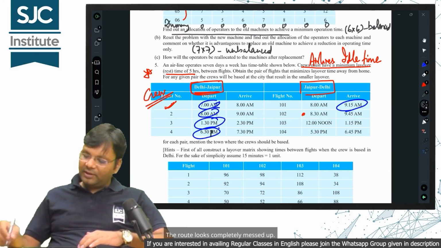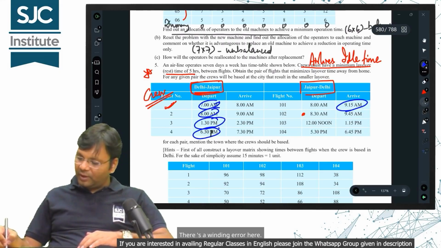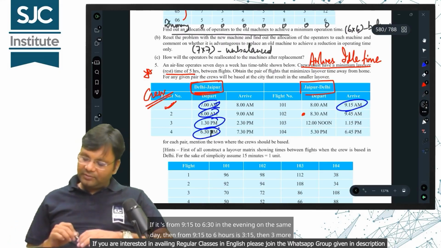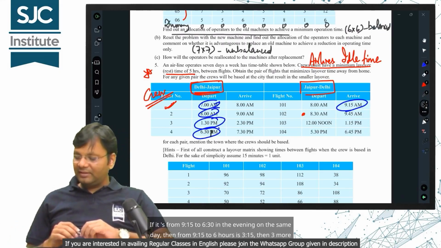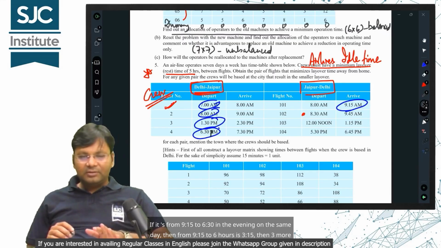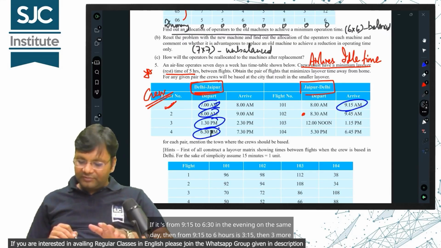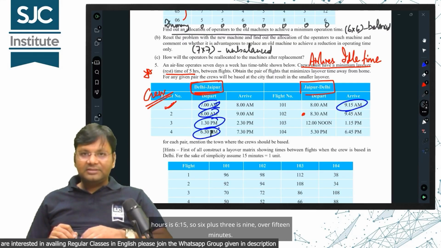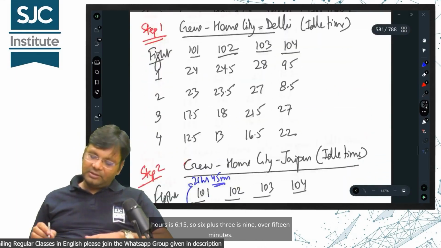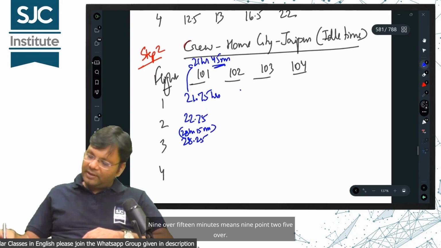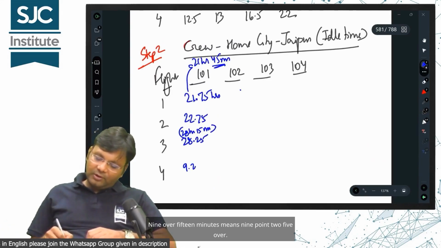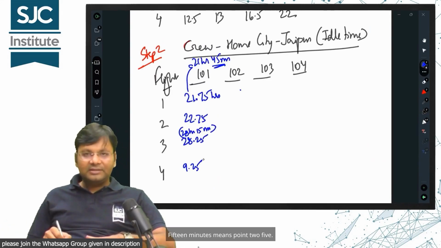The route looks completely messed up. There's a winding error here. If it's from 9:15 to 6:30 in the evening on the same day, then from 9:15 to 6 hours is 3:15, then 3 more hours is 6:15, so 6 plus 3 is 9 overs 15 minutes. 9 overs 15 minutes means 9.25 overs. 15 minutes means 0.25.